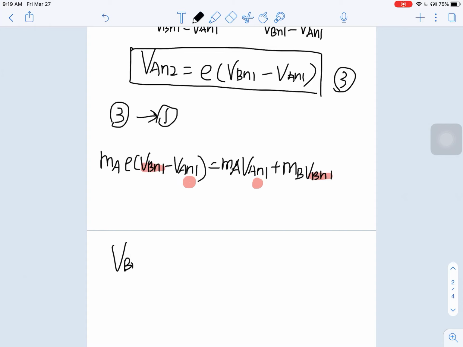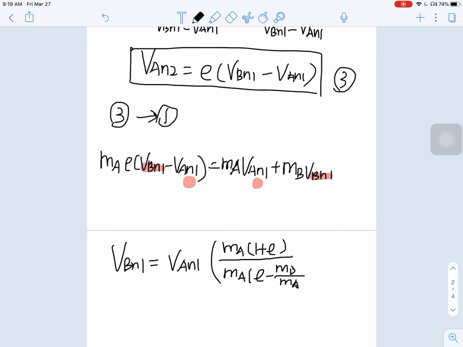That will give us VBn1 equals VAn1 times MA times 1 plus e, over MA e minus MB.